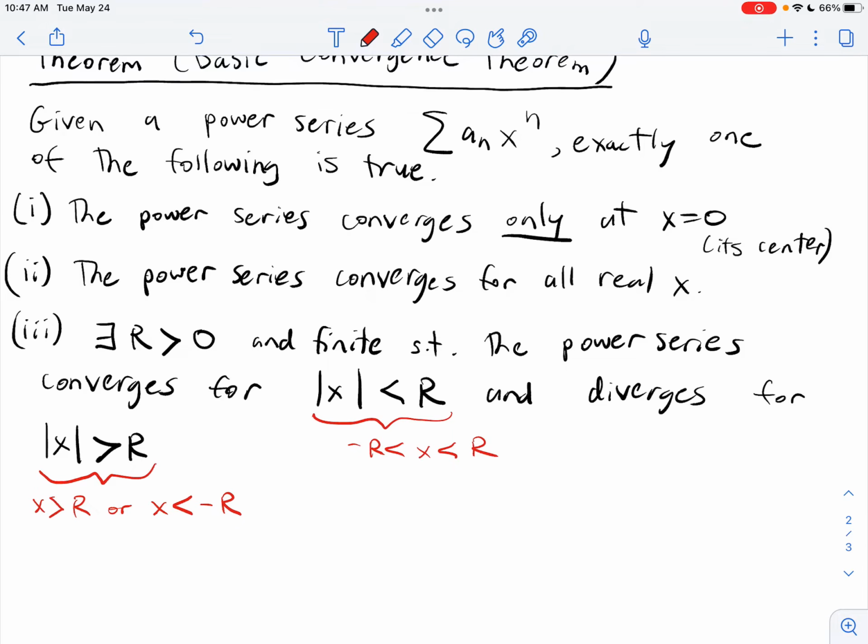That's what those two things mean. So these are the only three possibilities. Hopefully we remember this from calculus.